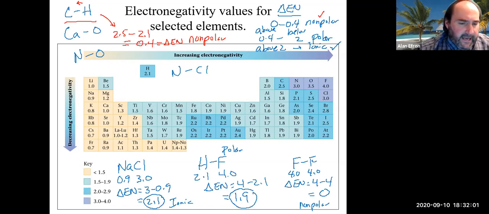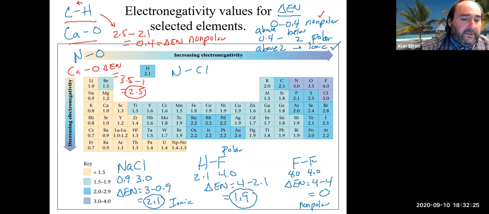If we look at calcium and oxygen, again, calcium is a metal, oxygen is a nonmetal, and you didn't even need the chart, but just to verify here, calcium is 1 and oxygen is 3.5. So our difference in electronegativity would be 3.5 minus 1, which gives us a 2.5 difference. And obviously a 2.5 difference is ionic.